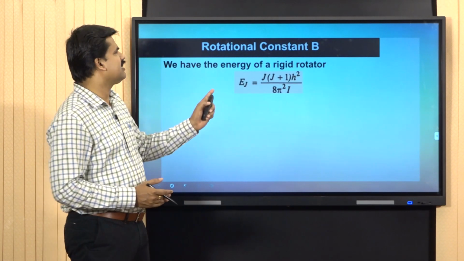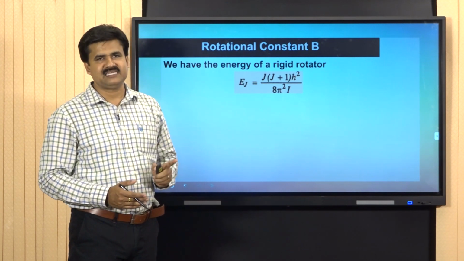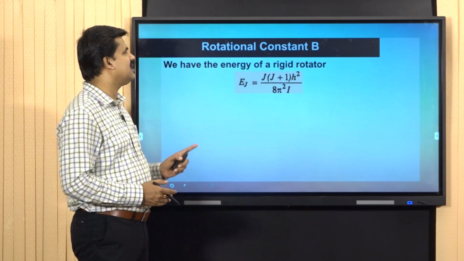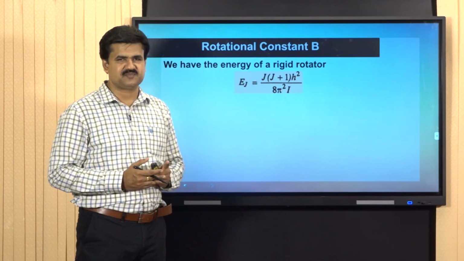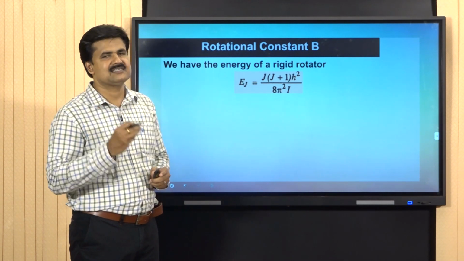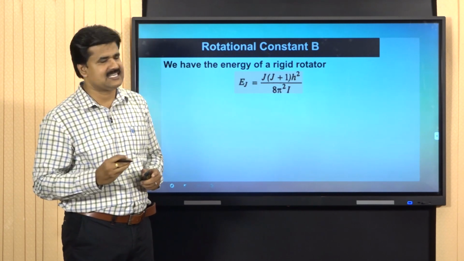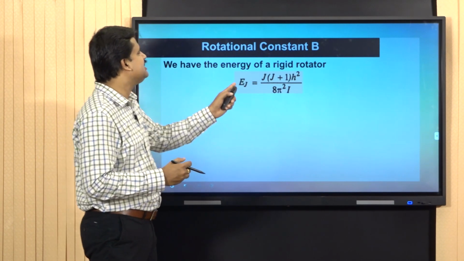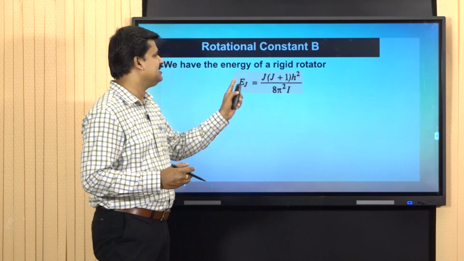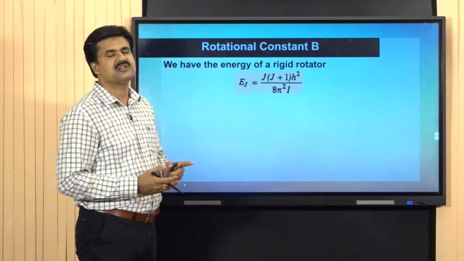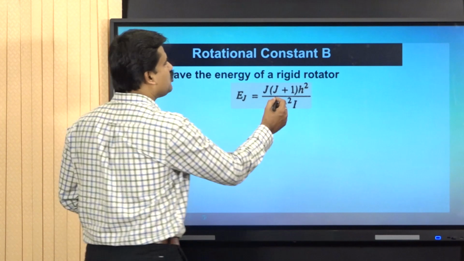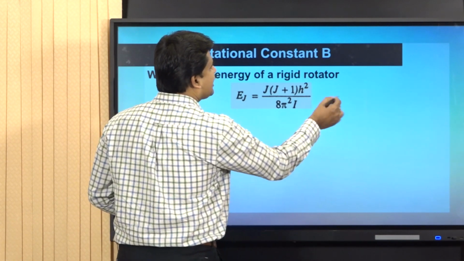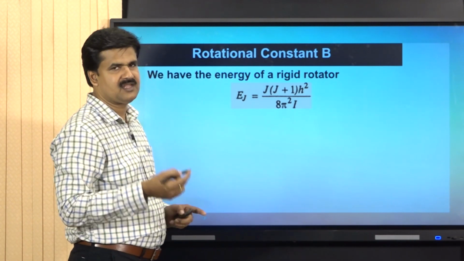Now, we are discussing a new constant called the rotational constant. We can modify this energy expression by putting in this new constant. This is the energy EJ; energy depends on the quantum number J. EJ equals J into J plus 1 h square divided by 8 pi square I. It should be noted that this is an energy term and has a unit of joules.